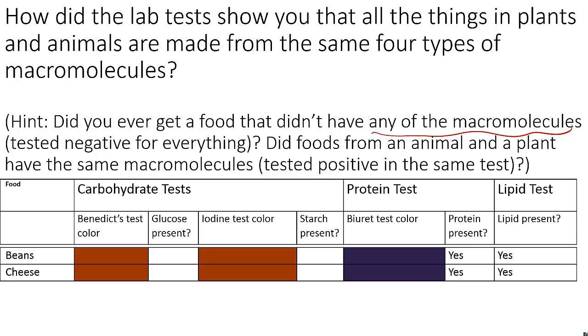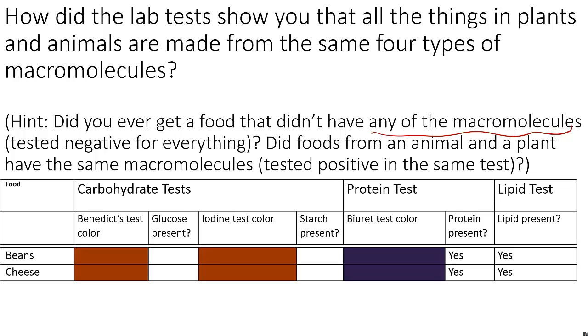It has something inside of it. All the things that come from a plant or an animal that are food, which basically we get out of a plant or animal, have the macromolecules. They all will have some macromolecule inside them and test positive in a test.